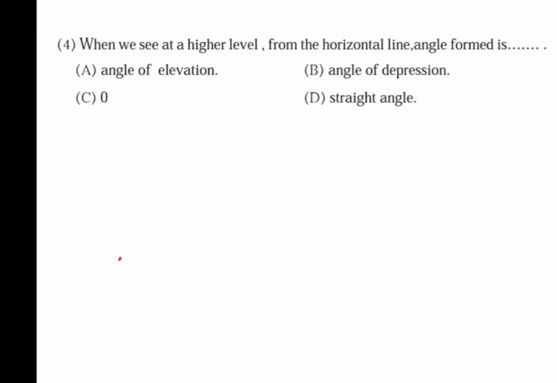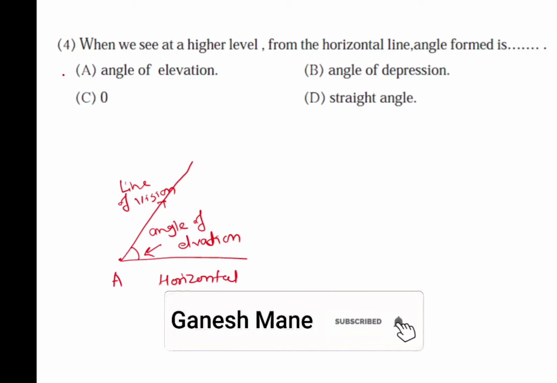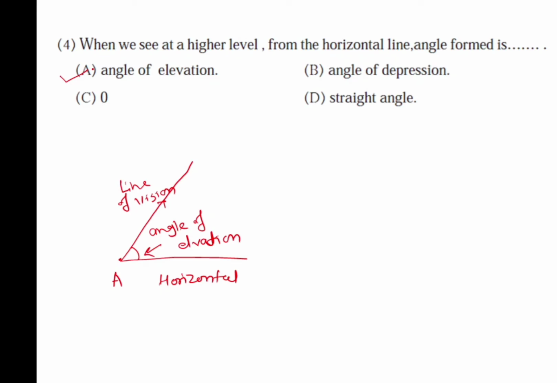Suppose there is one person standing at point A on the ground, and if he sees at the higher level, then the angle made by this line of vision with the horizontal is called the angle of elevation. So in this case, this is the angle of elevation, that is option A is the correct alternative.